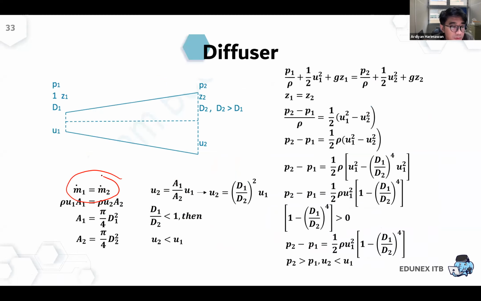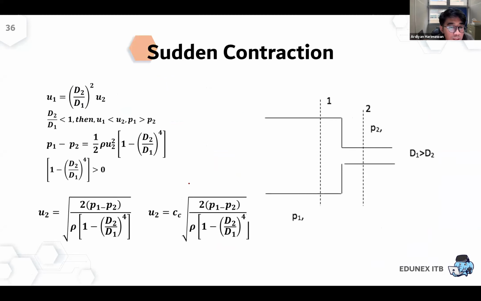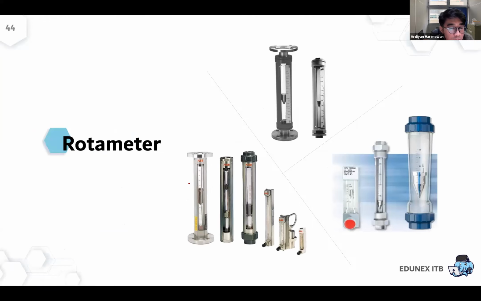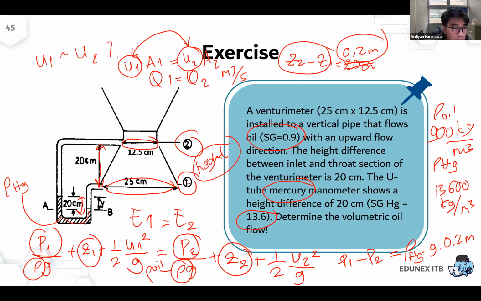The flow rate at point 1 should be the same as the flow rate at point 2. Just remember the figure of the exercise. So you will have this kind of correlation. You can change U2 into U1 or vice versa. Then you can put it into the equation, because you have the value of each cross-sectional area, right?